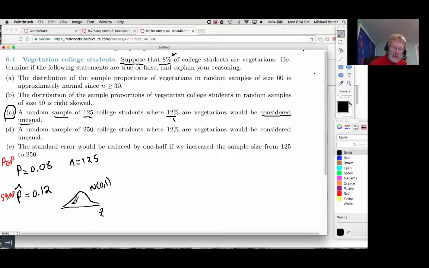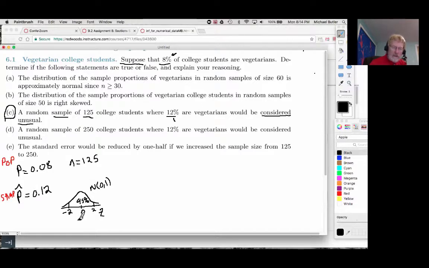And we know from our earlier work that 95% of all of the Z-scores fall within plus or minus 2 standard deviations of the mean, which in this case is 0, all right?